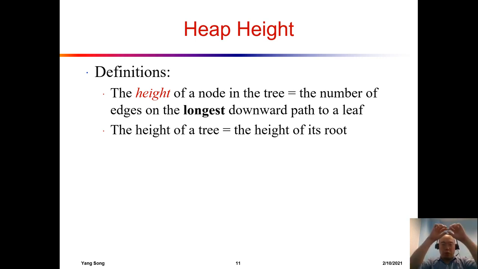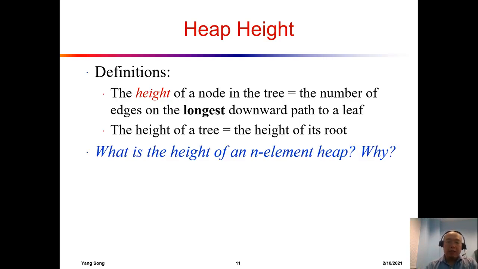So if the root goes down in one direction, there are 4 edges, and going down the other side, the height is 3. And then we want to take the higher one, so the height will be 4. Okay? And so what is the height of an n-element heap?